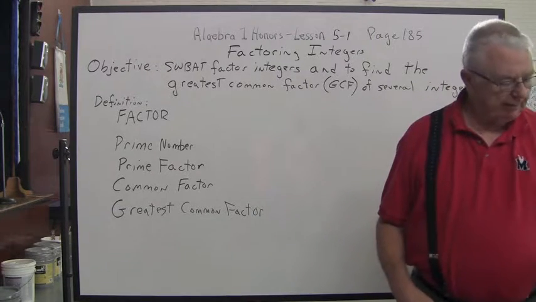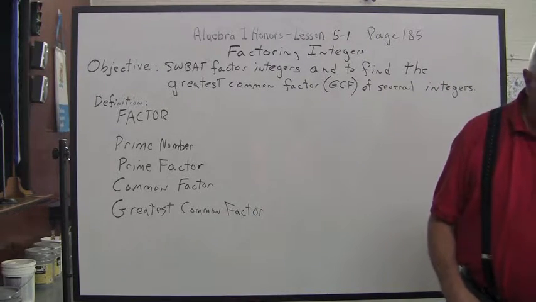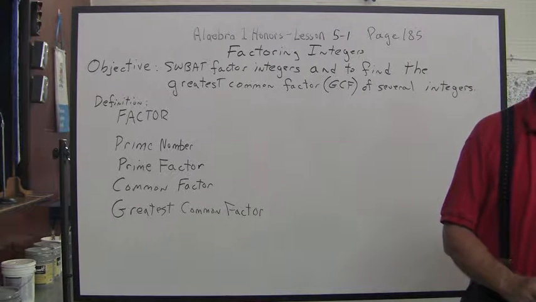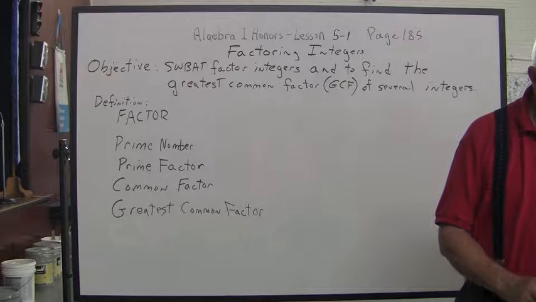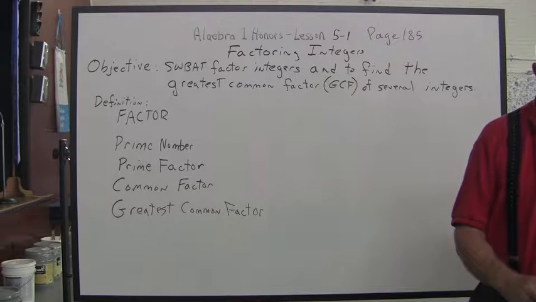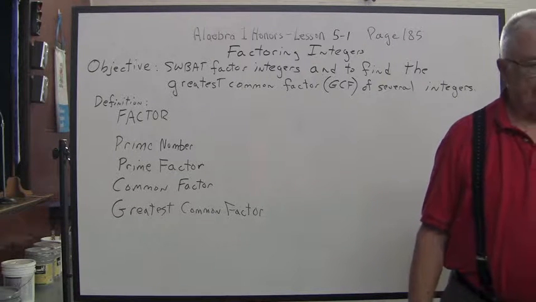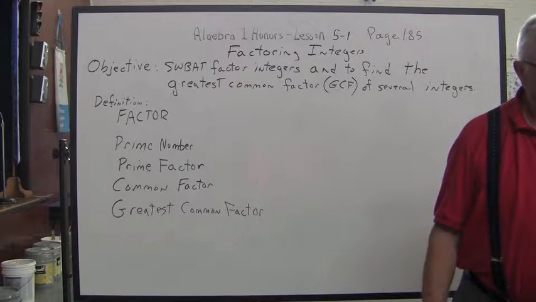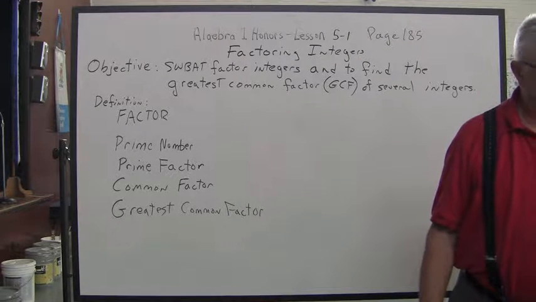The first one that we have here on page 185 is a factor. It says to factor a number over a given set, you write it as a product of a number in that set. That's called a factor set. So a factor is one of two or more expressions that are multiplied together.